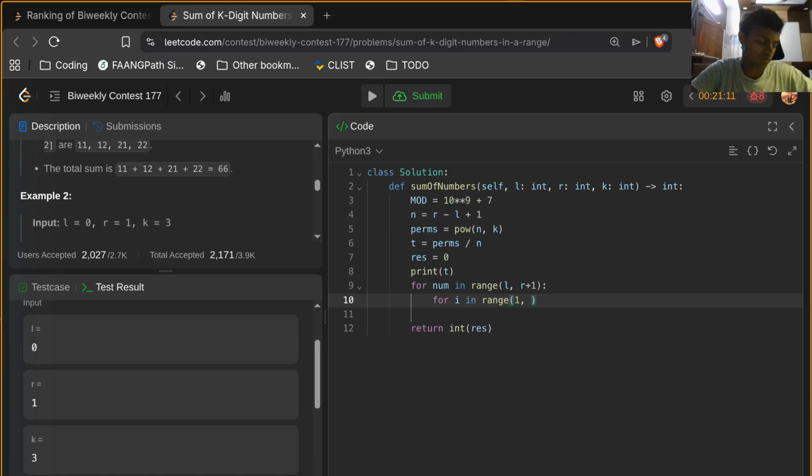Now for range 1 to, okay, for range, the length of the numbers is n.